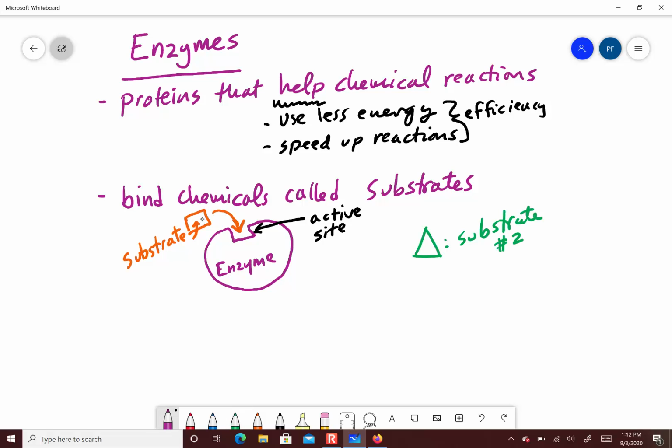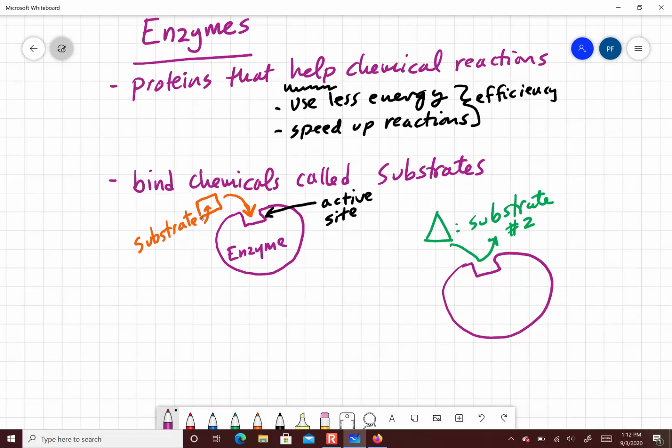If we have the same enzyme that has the same shaped active site, this substrate 2 isn't going to be able to fit in that active site. Right? So enzymes are very specific to substrates. Almost always it's one substrate that can come in and attach to an enzyme.